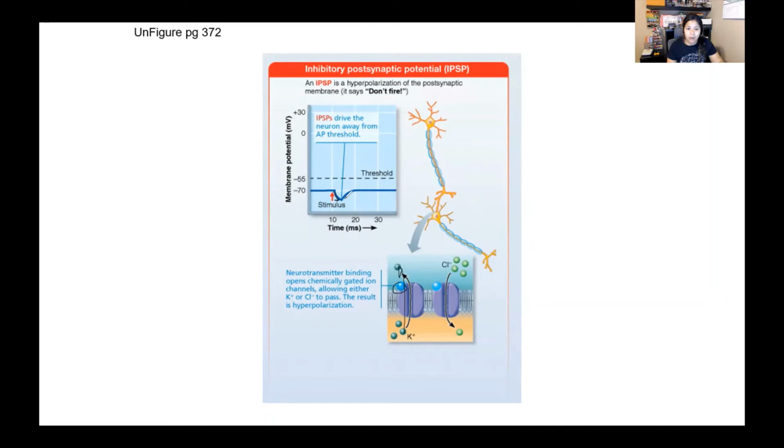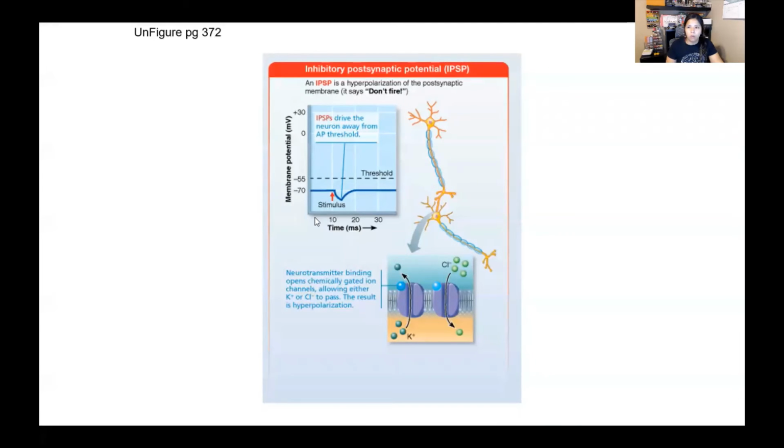Because in this case, if we have this potential going down, we call this a hyperpolarization. You don't really have to know that word, but it's going to bring that potential down. So if we did want to fire an action potential, we would have to make up that negativeness that we just created with the IPSP, plus get from our resting to our threshold, which is going to make it even harder for us to reach threshold if we actually start at a more negative starting point. So these IPSPs are when neurotransmitters make it harder for us to fire an action potential.